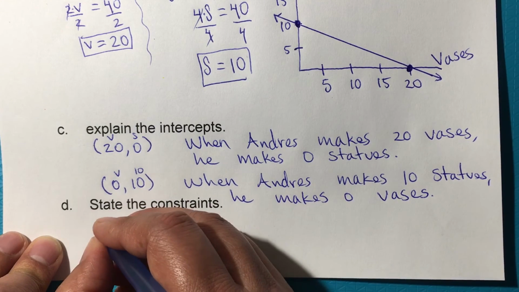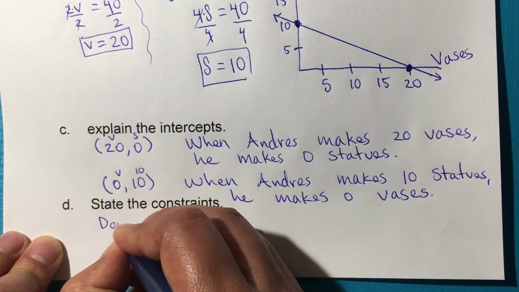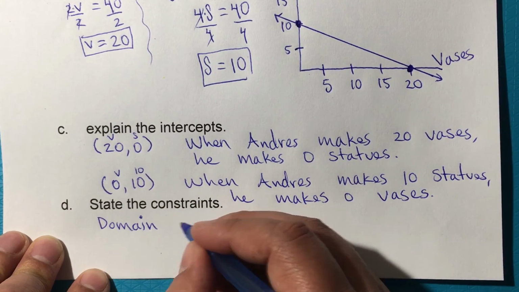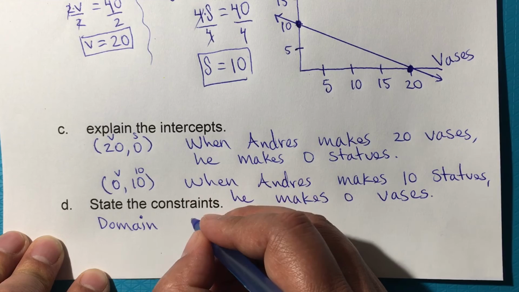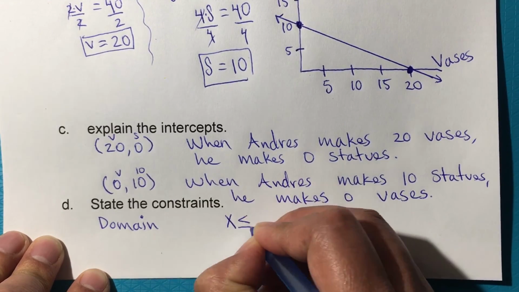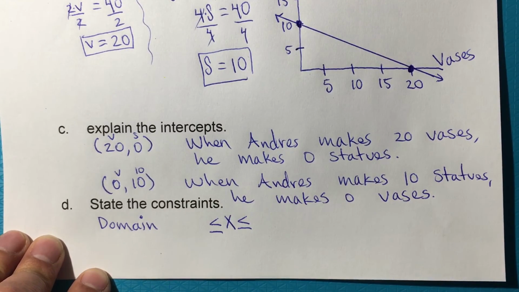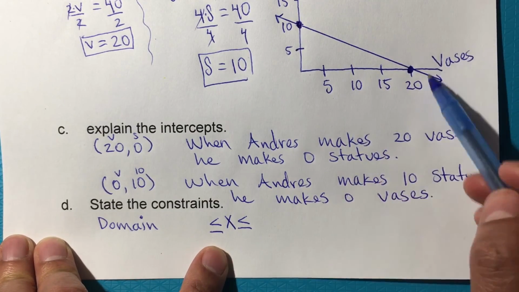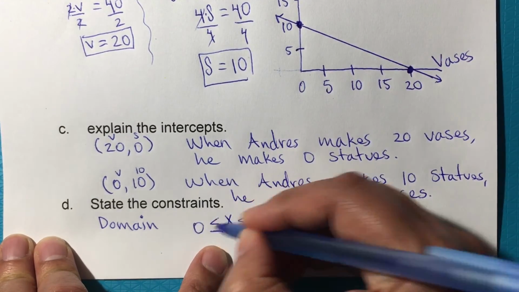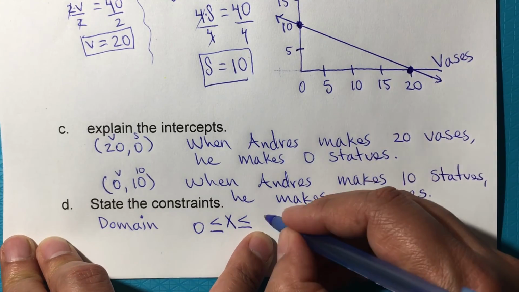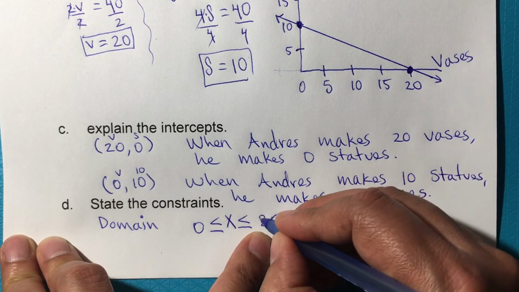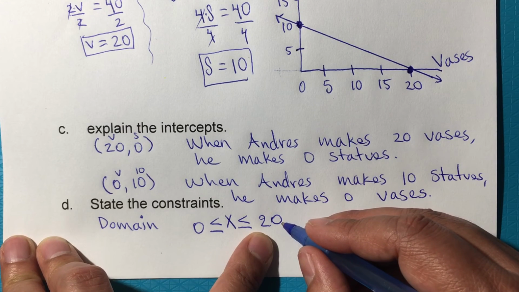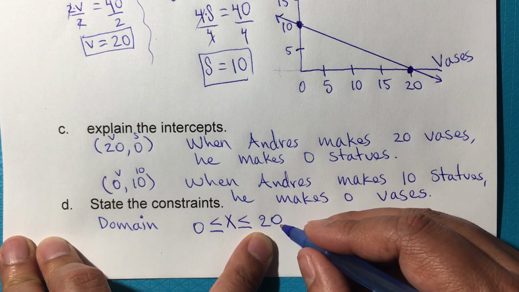Okay, state the constraints again. The domain is the possible values for X. So if it makes it easier for you, you can just write those first. And we know that we cannot have negative vases. So the smallest is 0. And the biggest is 20. Why? Because you cannot make more than 20 if you only have 40 pounds of clay.